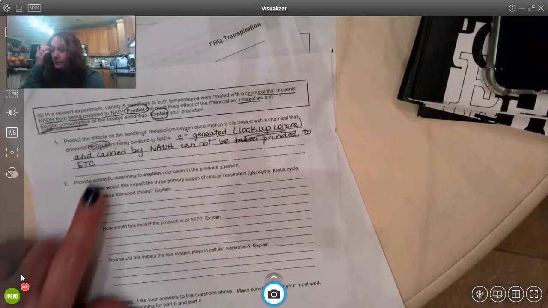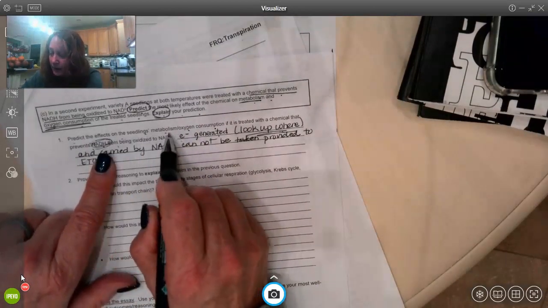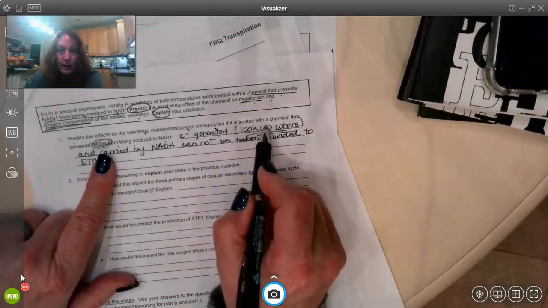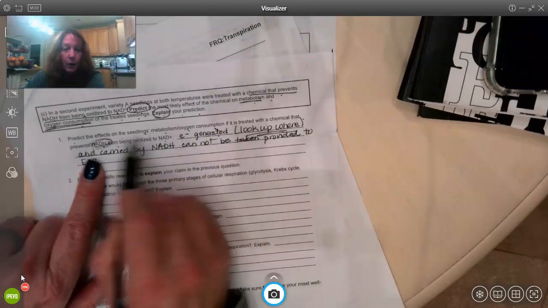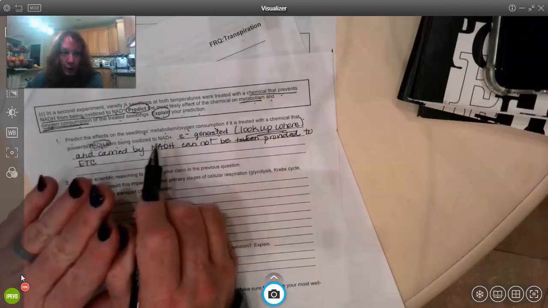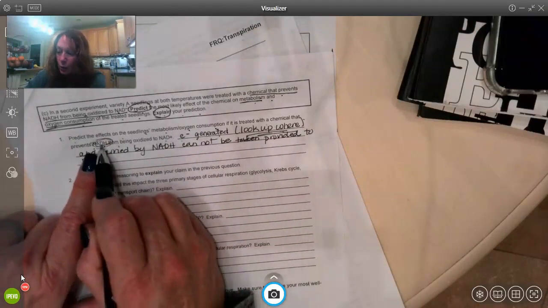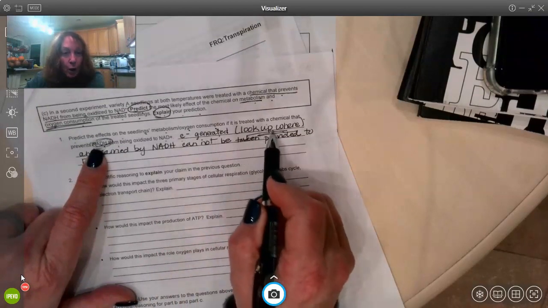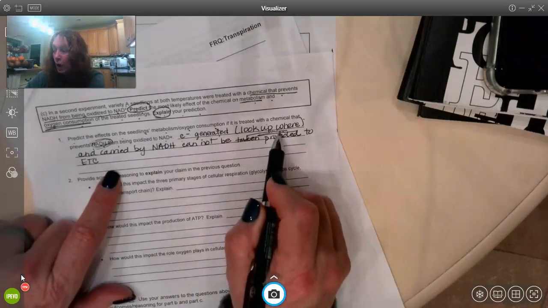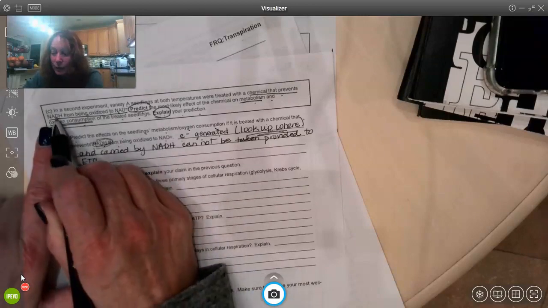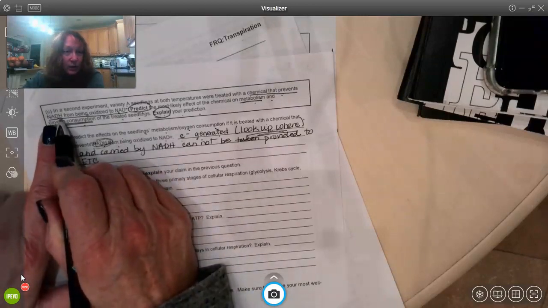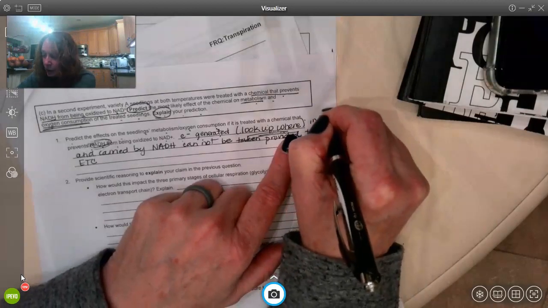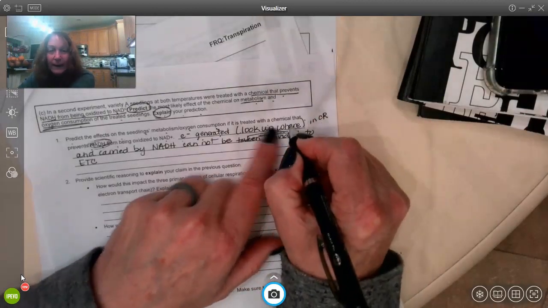So here we go. Predict the effect on the seedling's metabolism and oxygen consumption if it's treated with a chemical. Okay, so we haven't done it yet. I'm talking you through my thoughts. So the problem is the electrons that were generated. You go and look up in your notes, where do we actually create NADH? Okay, so you can say in cellular respiration, but I want the exact spots.